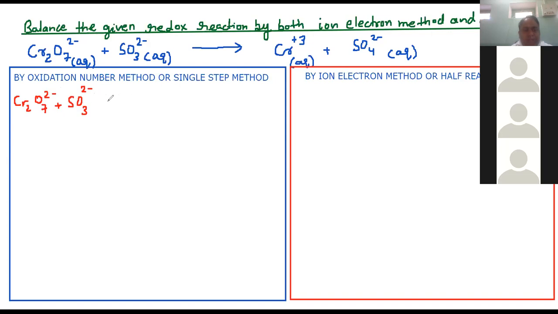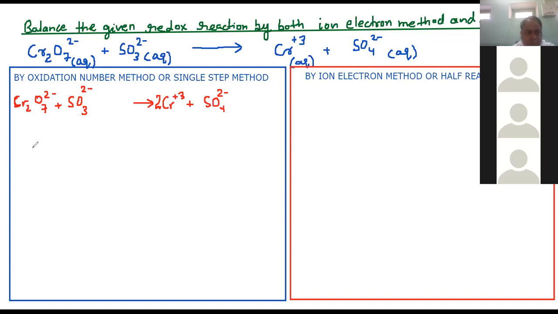We'll leave some space for adding H plus, OH, all that. Arrow, Cr plus 3 plus SO4 2 minus. Here two chromium atoms are there, so we will multiply this with 2.